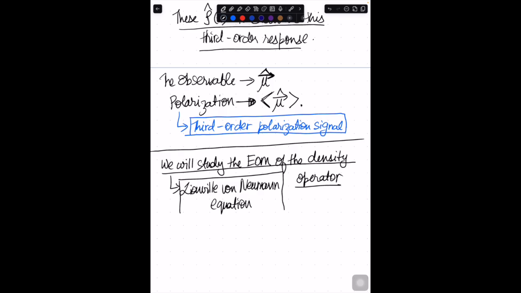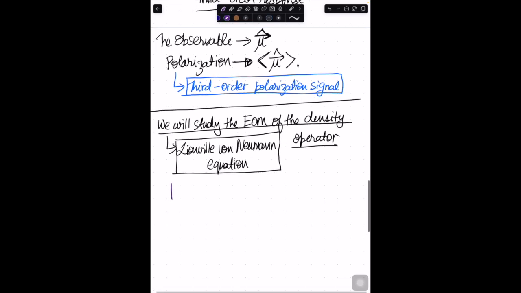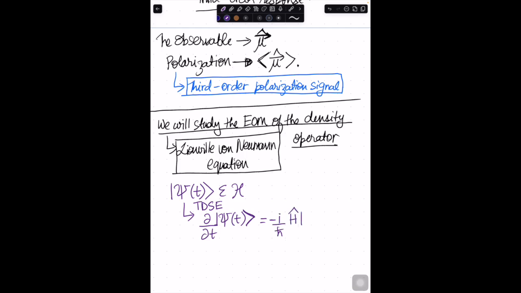So, let me describe some analogies first. If you consider your state vector, let's just say psi of t in your Hilbert space, which describes a quantum system in that Hilbert space, the equation of motion of this psi of t is described by the time-dependent Schrodinger equation, which is given by i h bar times the partial derivative of this state vector equal to the Hamiltonian acting on this state vector.